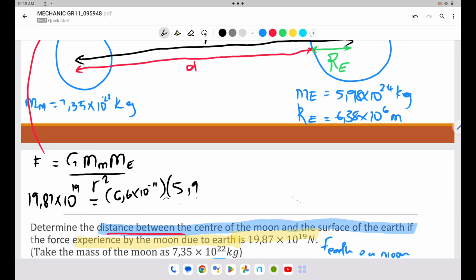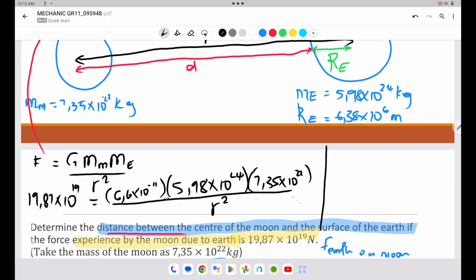Okay. So I'm going to sub in mass of Earth times 10 to the power 24, mass of the moon that is given there, divided by r squared. So now in this formula we only have one unknown. So you can do this for yourself.